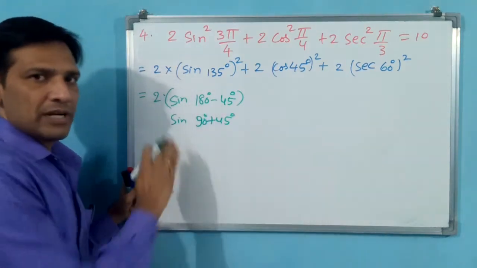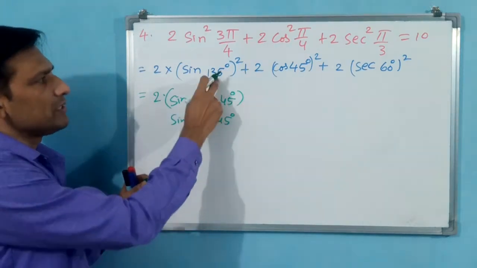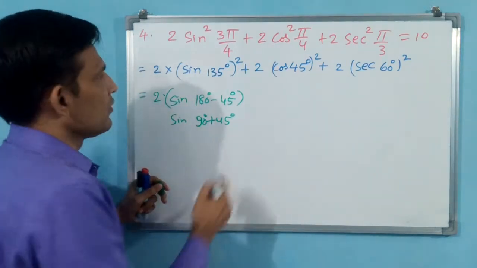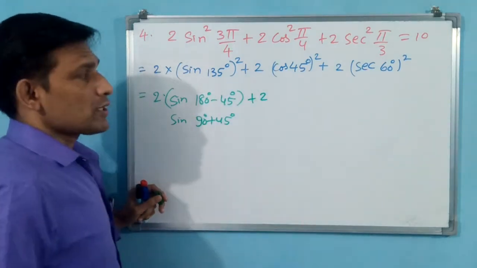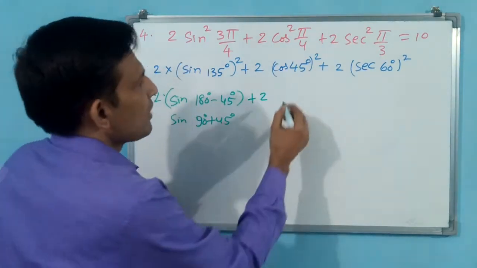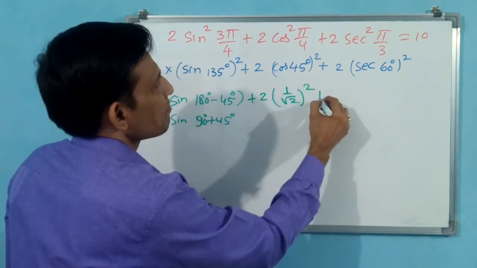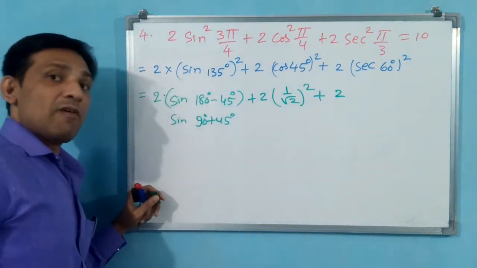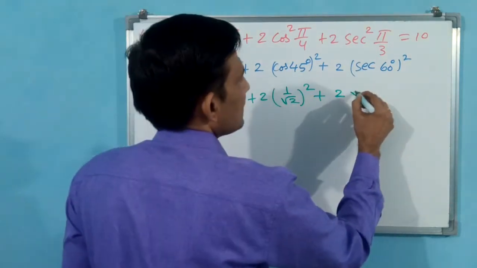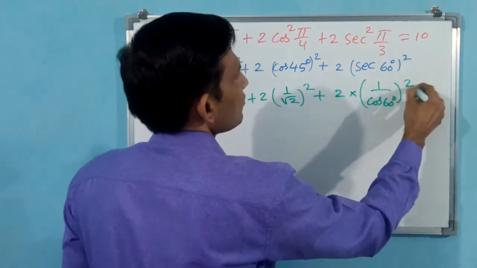I am going to show you afterwards. Sin 180 minus 45, sin 90 plus 45, both will give 135 degree only, same value. Plus 2 cos 45. Cos 45 you know 1 by root 2, 1 by root 2 whole square. Plus 2 secant 60, which means what? 1 by cos 60, right? 1 by cos 60 degree whole square.